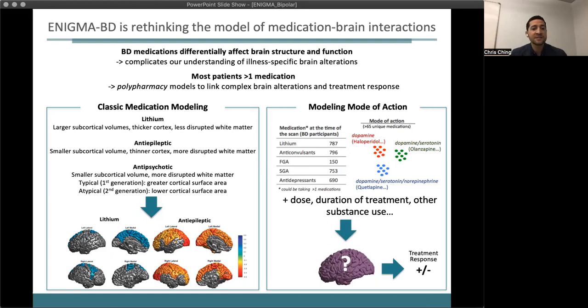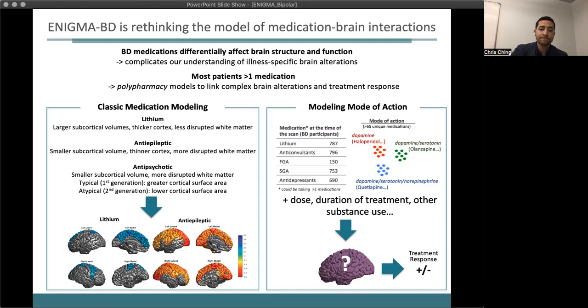And so combining other detailed information like the dose, duration of treatment, other substance use, we're hoping that we can get a better understanding of how these different medications affect brain structure and function, and potentially, hopefully, try to be able to predict treatment response, right?